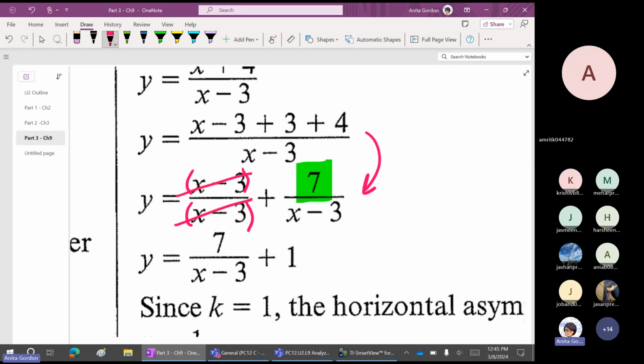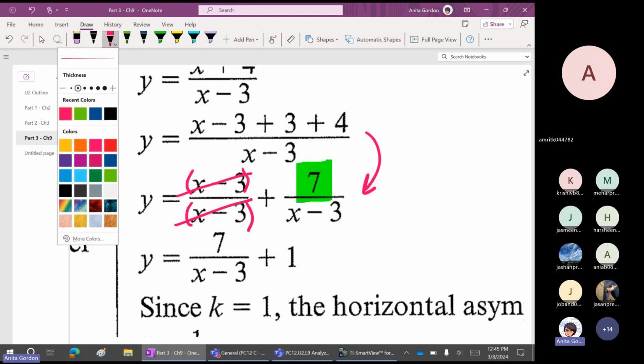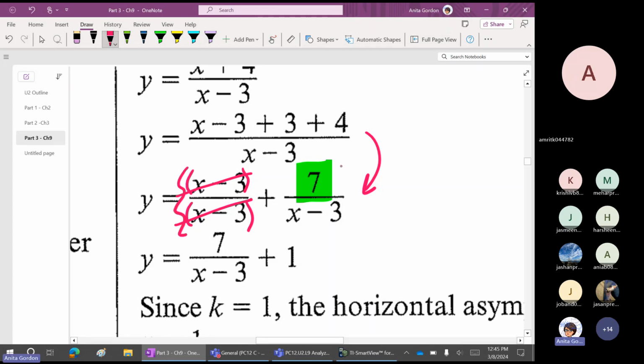However, this is not 0, right? Any number divided by the same number is 1. So this simplifies to 1. This I cannot simplify any further, so this is my final equation right here.